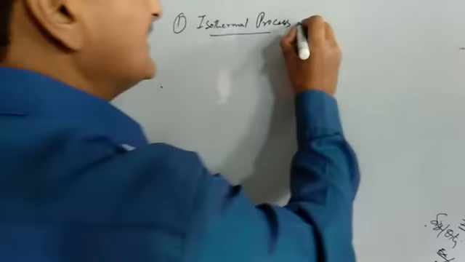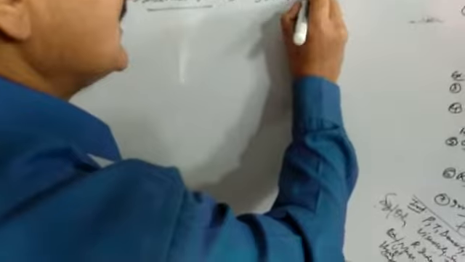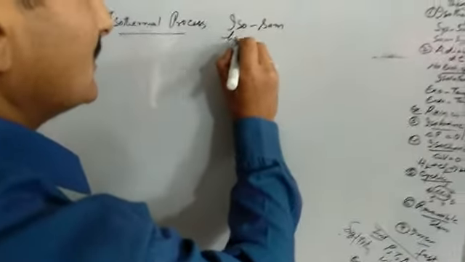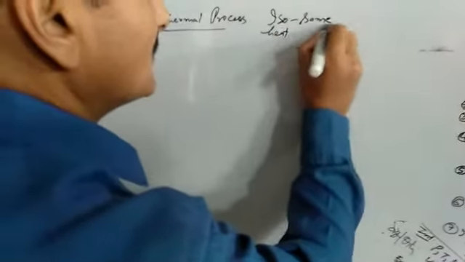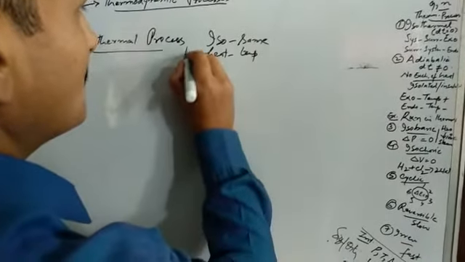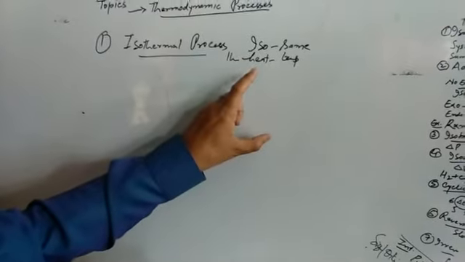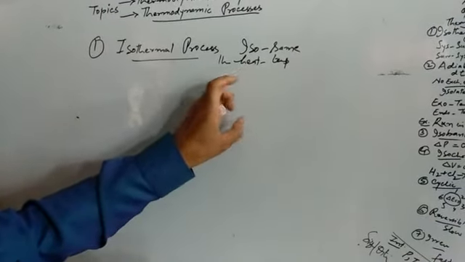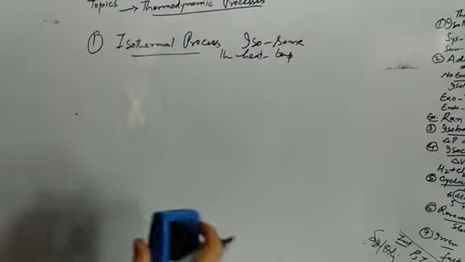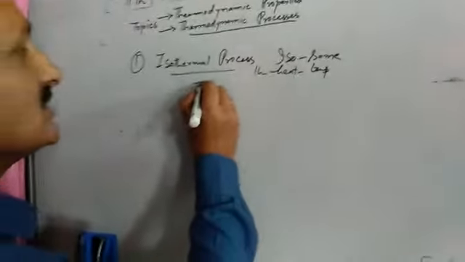Isothermal. Iso means same, and thermal means heat or temperature. So those thermodynamic processes which take place without change in temperature, or where there is no change in temperature.